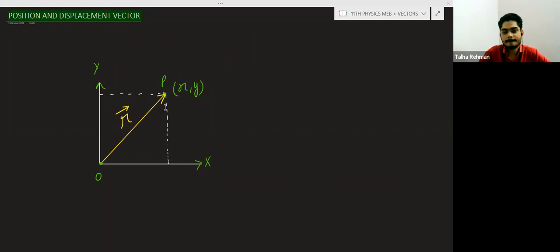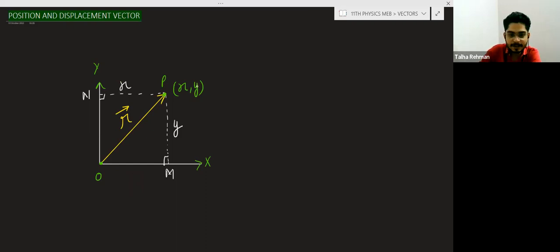This point is x comma y. Suppose this point is M, and suppose this point is N. So I am asking you about MP, and this angle is 90 degrees, meaning you have drawn a perpendicular from this point to the x-axis. So see, this distance will be y and this distance will be x, because this is the x coordinate and this is the y coordinate.